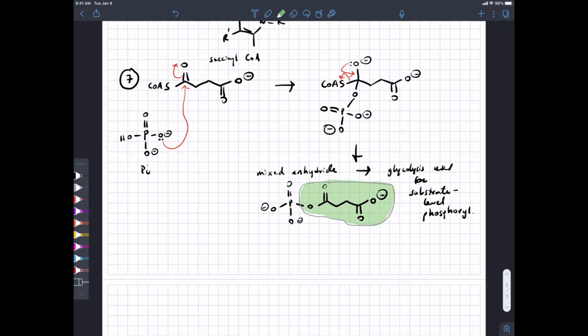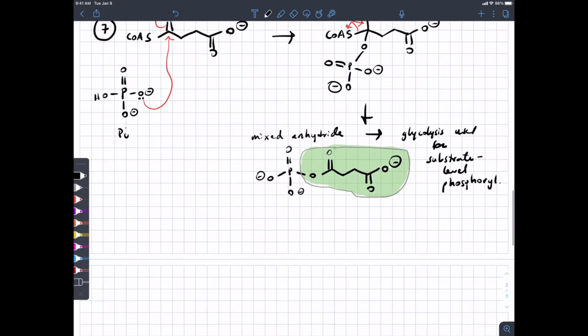All right. So now we're ready to have GDP, and I'm not sure how best to draw this. Maybe we'll just call it GDP. We'll have R here, and here's the beta phosphate group of GDP.